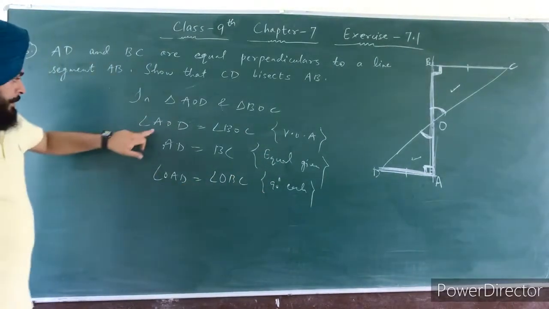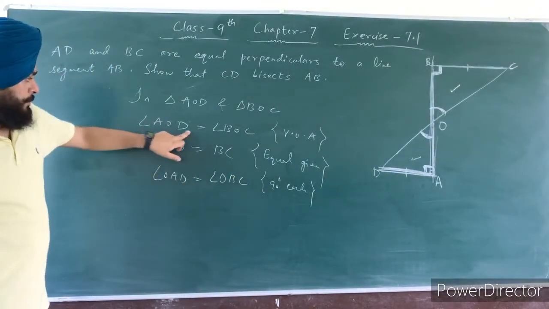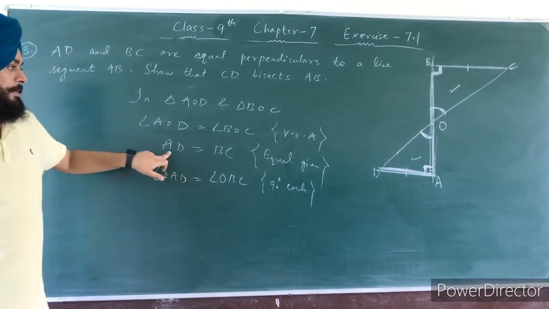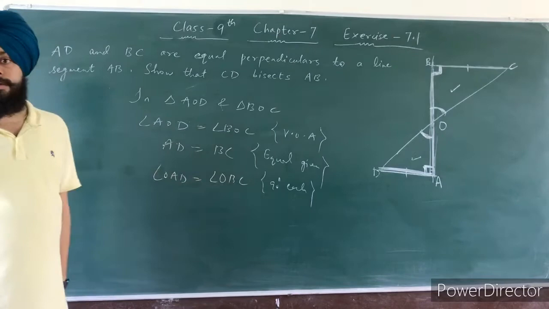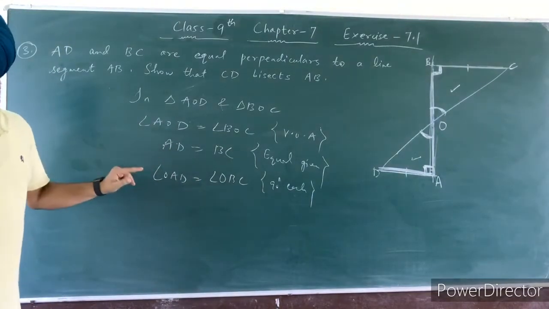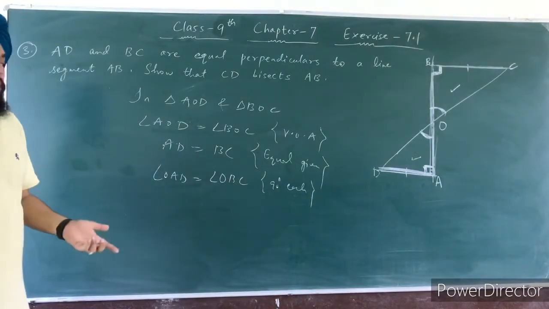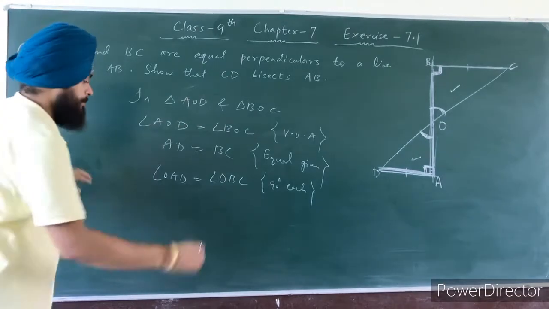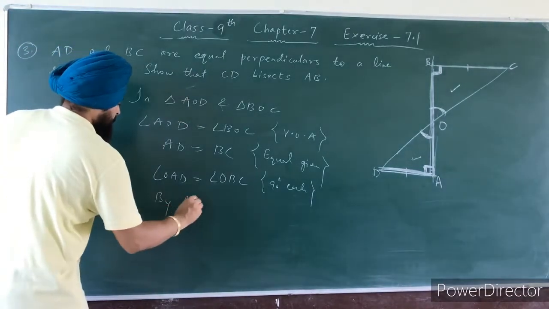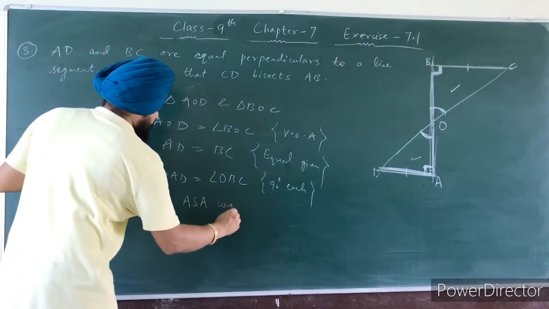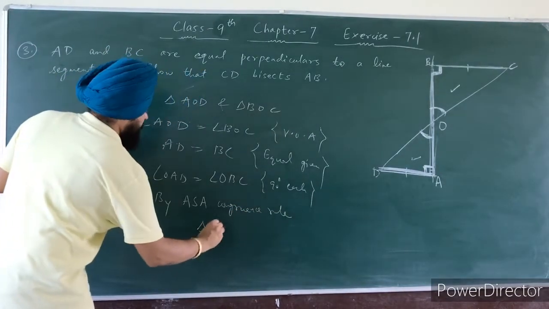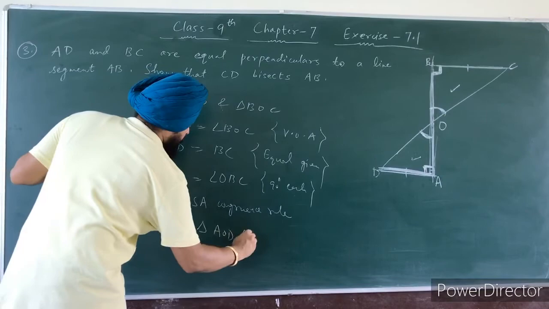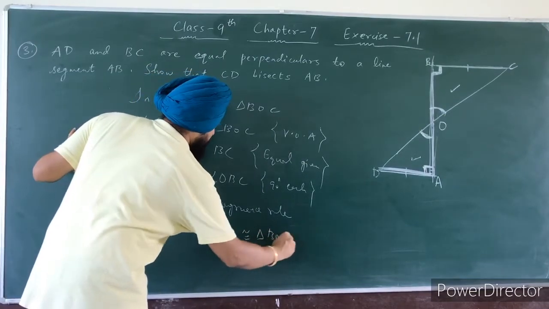So check: there are two angles and one side, AD and BC. Which criterion do we use here? Angle, side, angle. By the ASA congruence rule, the triangles are congruent. Triangle AOD is congruent to triangle BOC.